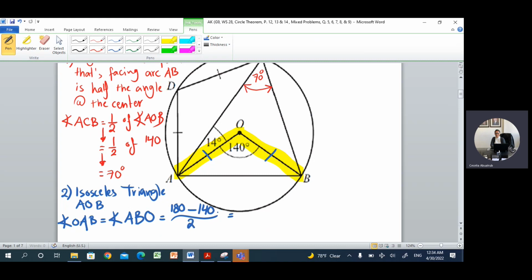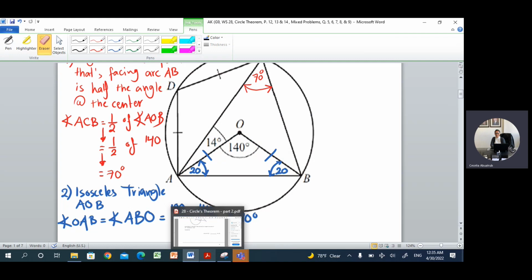And the answer will be 20 degrees. So this angle is 20, and this angle is 20 as well. Okay, let's erase this so that we can have a better look at the drawing, okay?